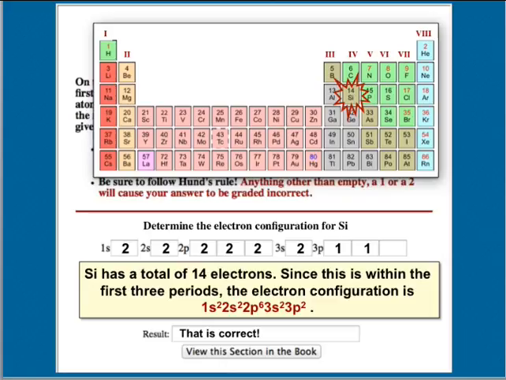So try it. Again, only 5 of them, and again, all the questions will only center on the first 3 periods. So no D's to worry about, and just see if you can master this concept.